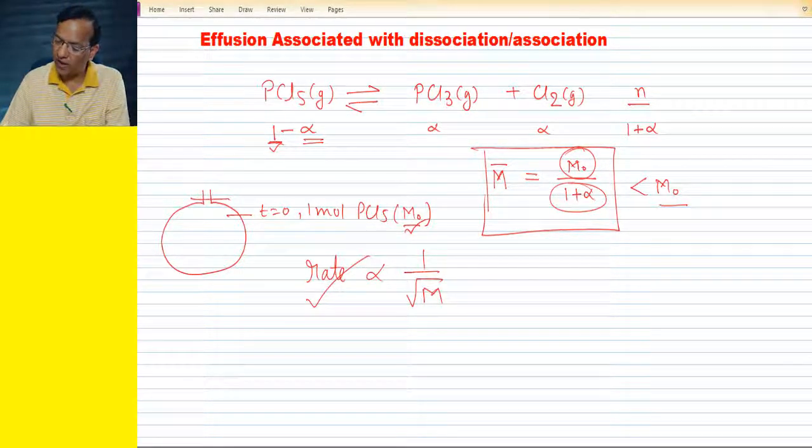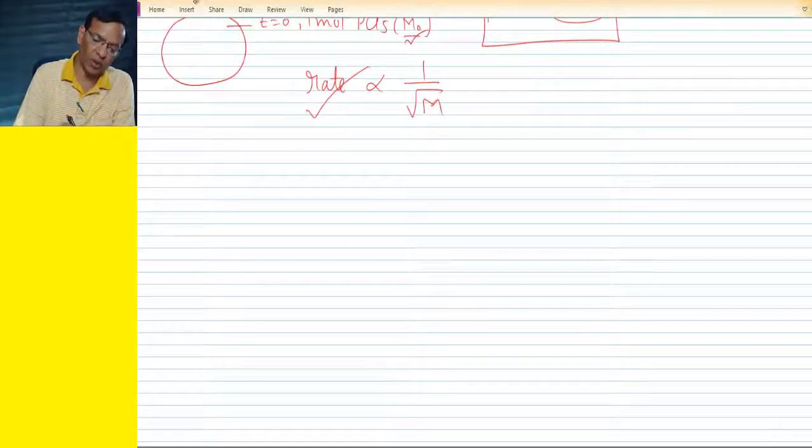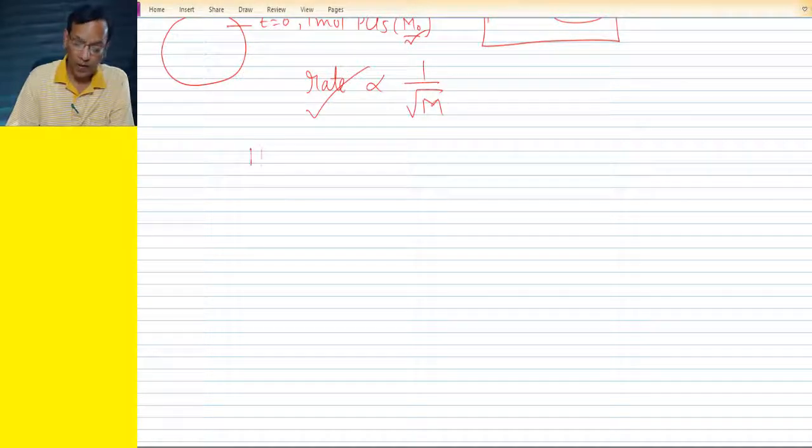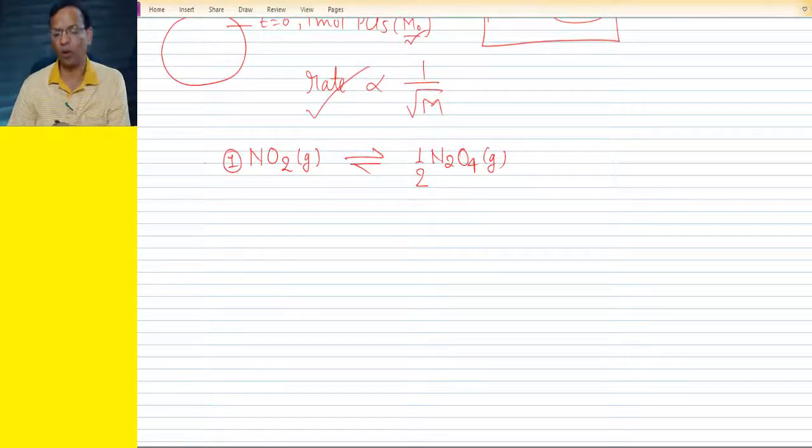Similarly, let us take a case of association. Suppose we put some NO2 in a flask which dimerizes to N2O4 gas. For balancing, 1 by 2, be very careful, we are taking 1 mole on this side.